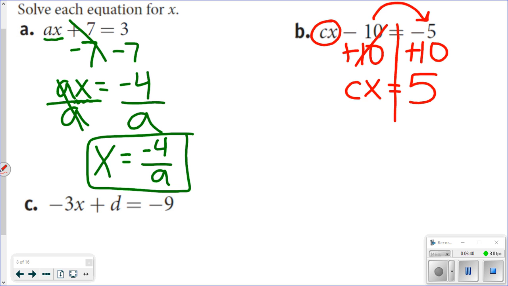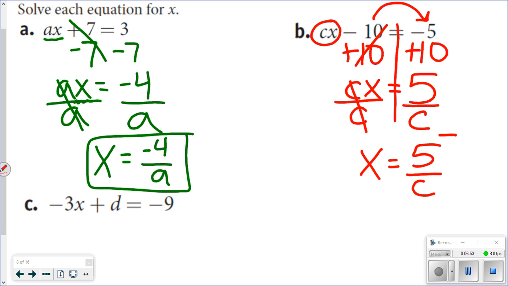I need to get rid of this c. Currently, c and x are being multiplied, so the opposite is to divide. These cancel, and that's my answer. It's not possible to do 5 divided by c, so we're going to leave it as a fraction.